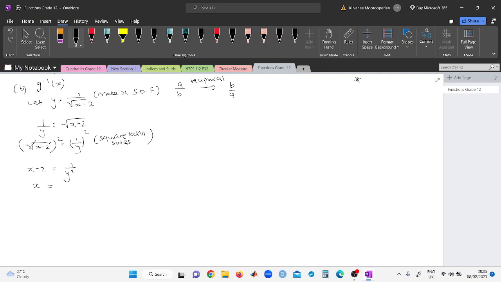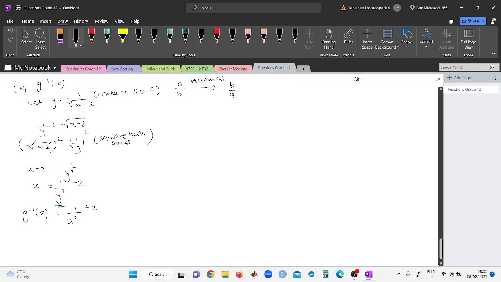So, 1 over y square, minus 2, on va de l'autre côté, plus 2. This is my x. Donc, maintenant, pour calculer g inverse of x, partout qu'on a x, vous pouvez remplacer par y, et partout que tu as y, vous pouvez remplacer par x. Donc, mon inverse c'est 1 over x square plus 2. This is my inverse function.